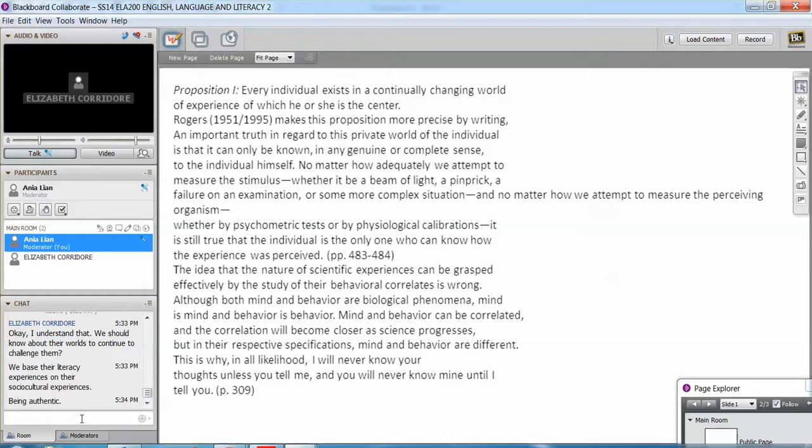So yes, we base the literacy experiences, you say, Elizabeth, on the sociocultural experience: social, cultural, and historical experience. I often call it socio-historical because it's a slightly different concept from academia. Socio-historical says that it's socially embedded, but it is also historical, which means it relates to an individual.